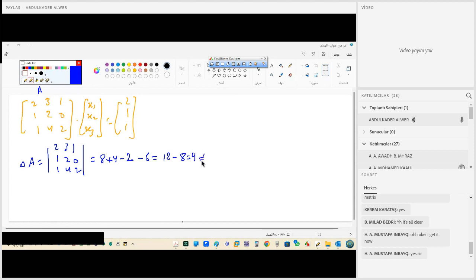Okay, I got it's not equal 0, so it's invertible with an absolute unit. Now let's calculate delta A1 B.